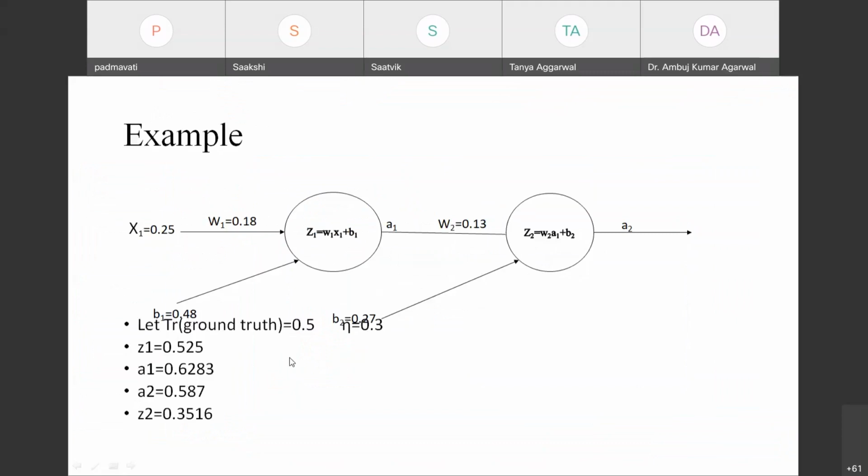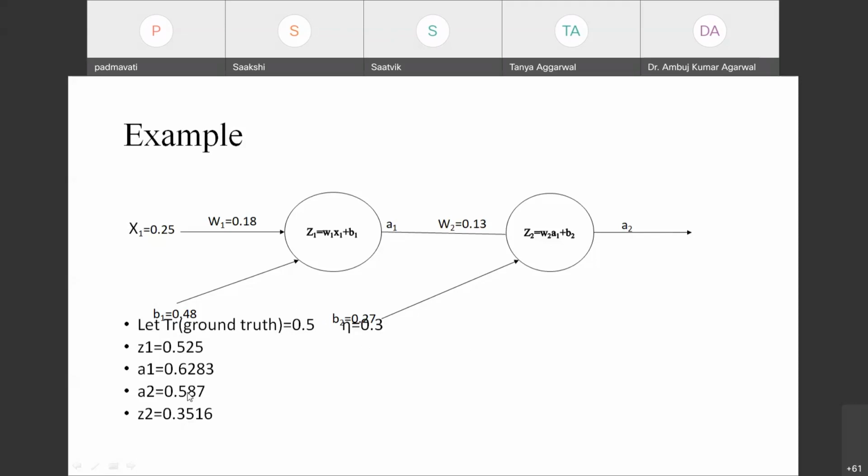Now, you can check the output: A2 is 0.587, whereas the ground truth is 0.5. Okay, close this because all your answers are correct. Now let us continue. The ground truth value is 0.5, whereas the predicted value, A2, comes out to be 0.587.